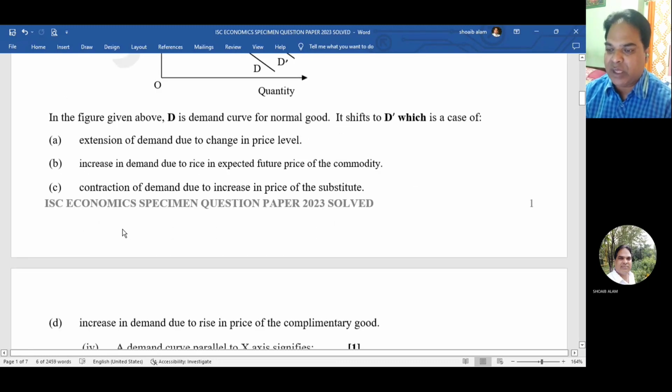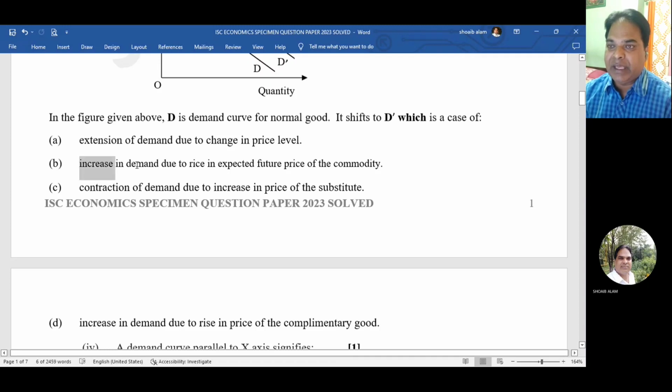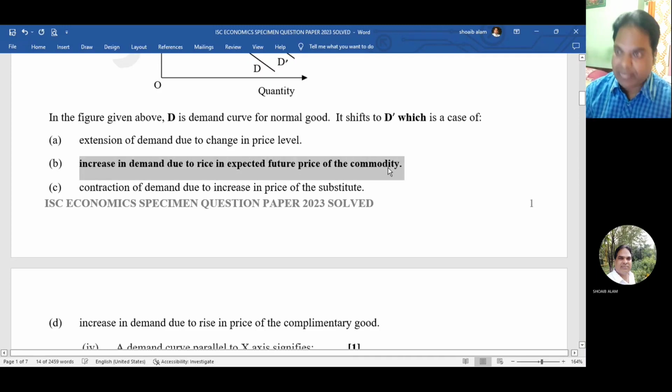Extension of demand due to change in price level, increase in demand due to rise in expected future price of the commodity, contraction of demand due to increase in price of a substitute, or increase in demand due to rise in the price of a complementary good. So the correct answer will be B.